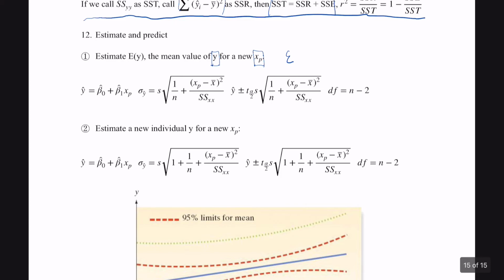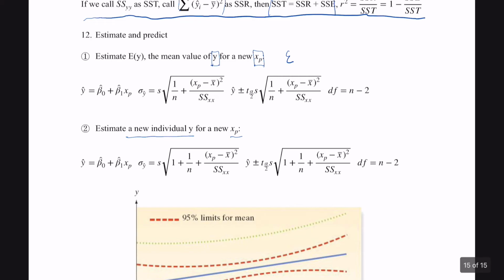It is only concerned about the deterministic part of the model. However, if you want to estimate a new individual y, a true y, based on a new x, it involves not only the deterministic component of the model, it also involves the random error part of this model, because you are calculating an individual y.